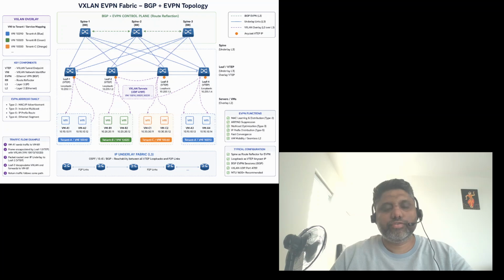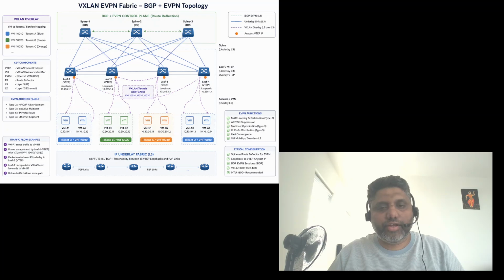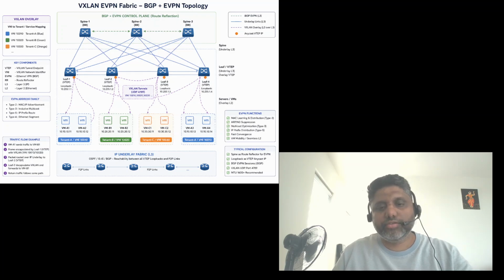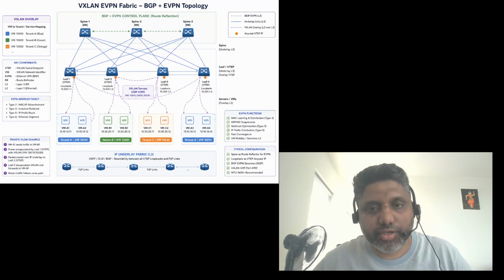There are two important concepts in VXLAN. One is VTEP, virtual tunnel endpoint, and the other is VNI, virtual network identifier. The virtual network identifier is 2 to the power of 16, so it can scale up to millions of networks.